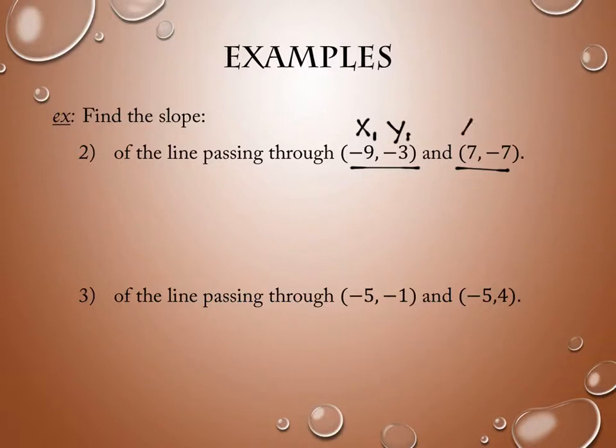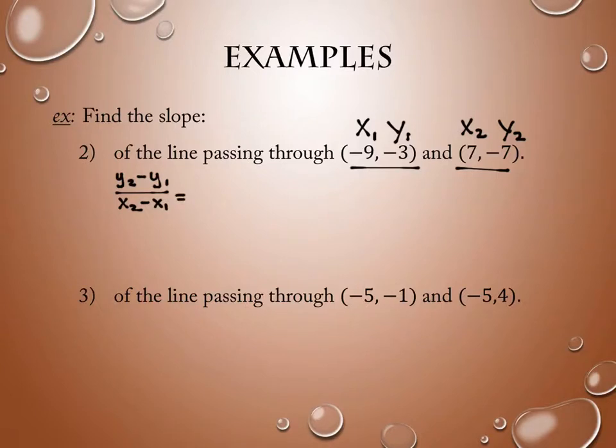And then the other pair is x2, y2. That's just me going in order from left to right. If you switch them and call the first pair x2, y2 and the second pair x1, y1, you will get the same answer. It won't make any difference. Okay? So you pick each of those points and label it. So the formula perspective says I'm supposed to do y2 minus y1 over x2 minus x1.